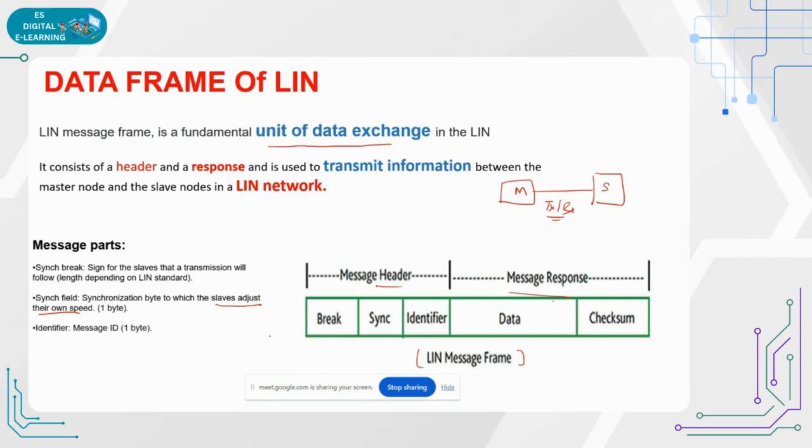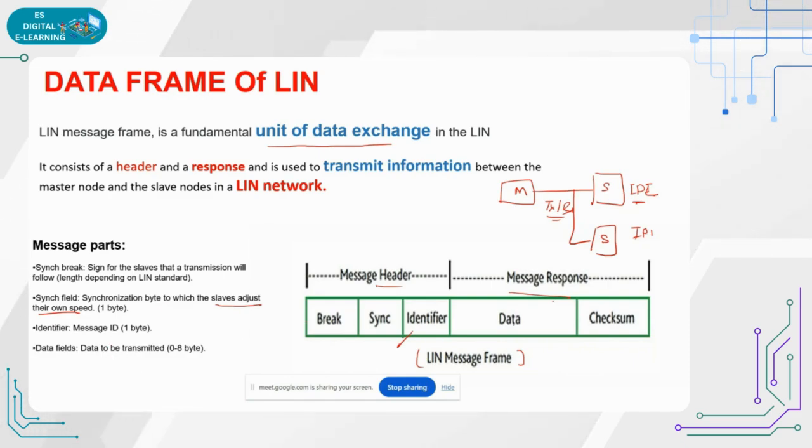And next we have an identifier. As I told you, with respect to the ID, data will be transferred from the master to the slave, like data 1, ID 1, ID 2. So based upon the slave identifier, the data will be transferred from master to slave. And next we have the data field.